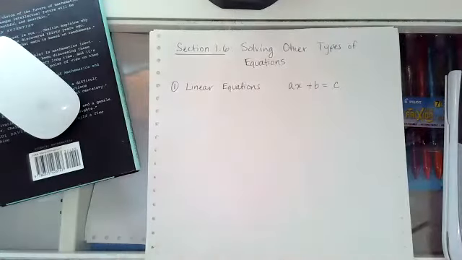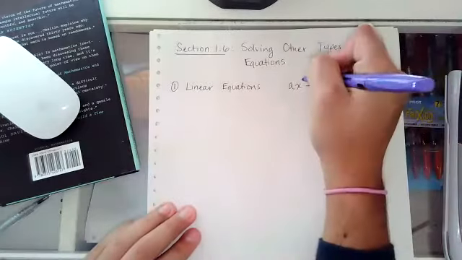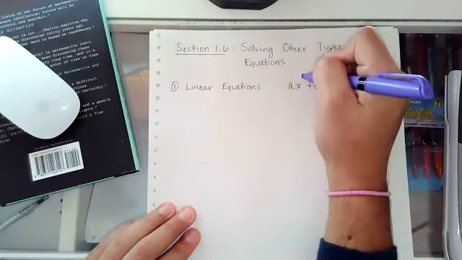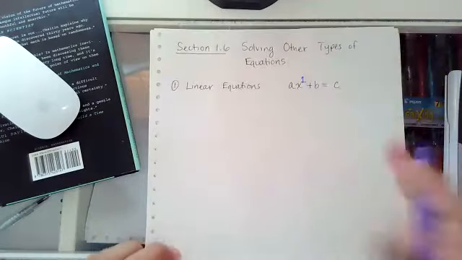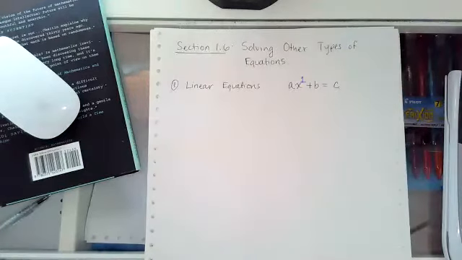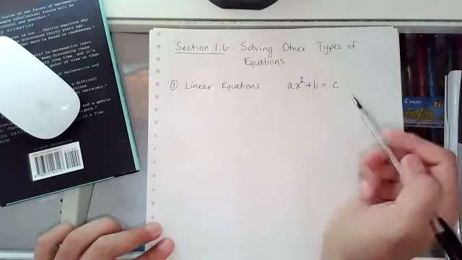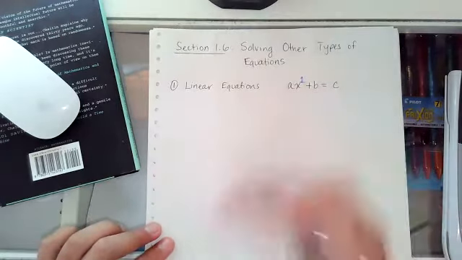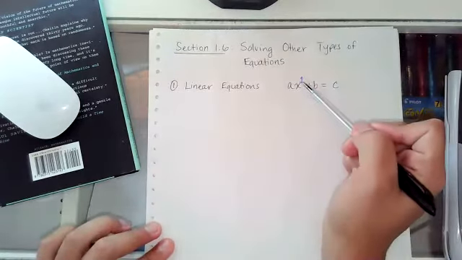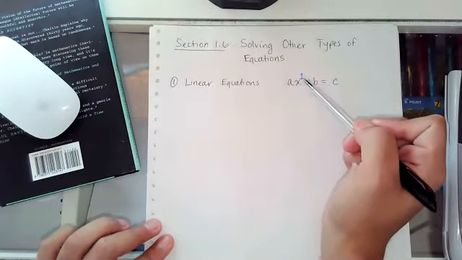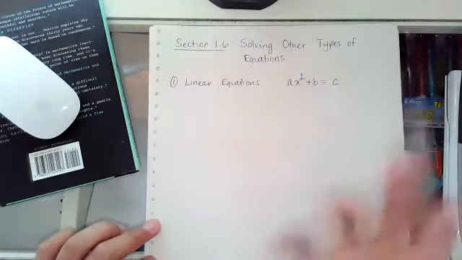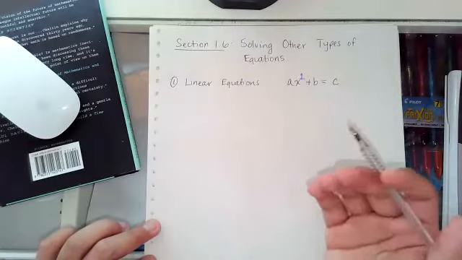If you needed to distinguish this kind of equation from other kinds, you have the variable x, or whatever the variable is, but the highest exponent will be a 1. So this is a first degree polynomial, and the exponent also sort of sneakily tells you how many solutions there are going to be for this kind of equation.